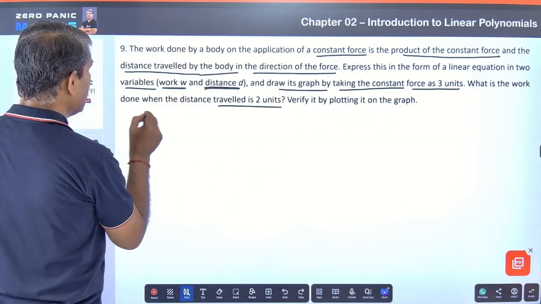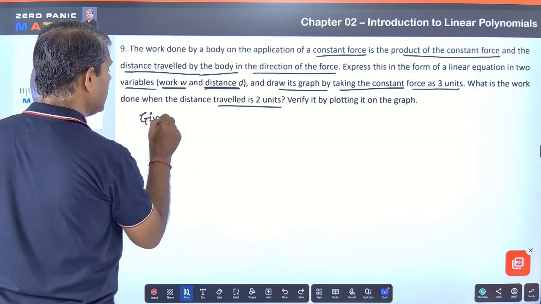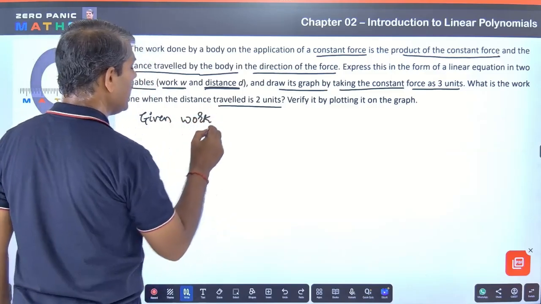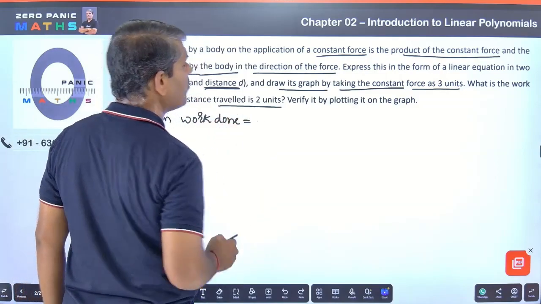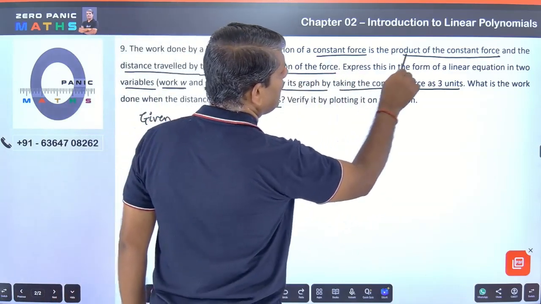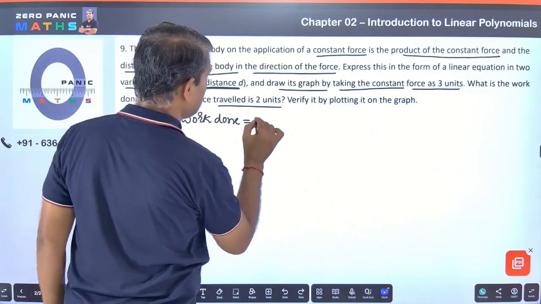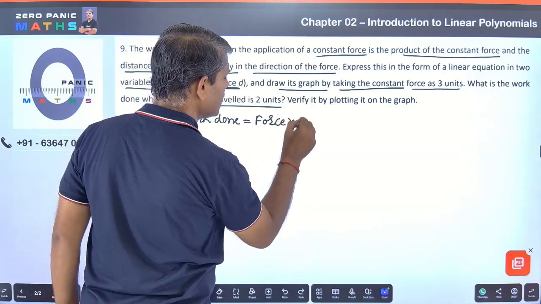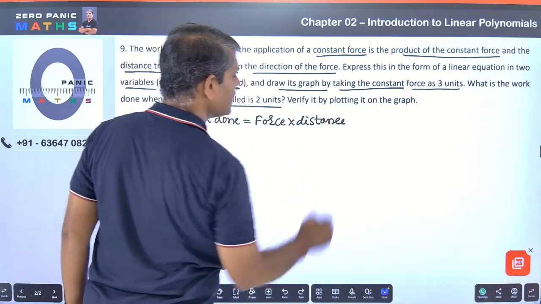Now let me write the given formula first. Given is work done. Listen to me. Work done is equal to, what is the formula that they have told? Work done is product of constant force and distance traveled. So simply it is force multiplied by distance. Force multiplied by distance is what is called work done.